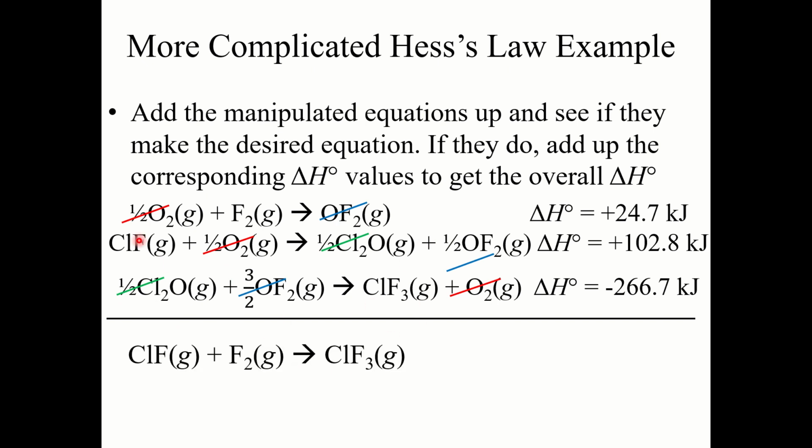So all that I'm left with is ClF plus F2 forms ClF3. So the manipulated equations do add up and make the desired equation. Now I can add up these delta H values, and I get negative 139.2 kilojoules.